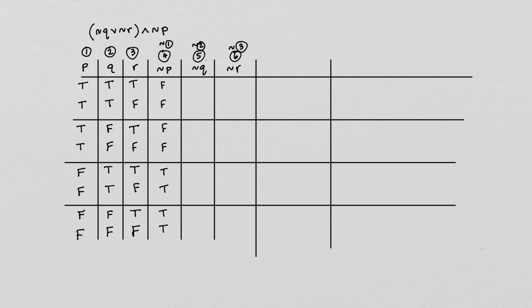And then same deal with negation of Q. We're going to have false, false, true, true, false, false, true, true. And finally, negation of R, we just alternate false, true, false, true, false, true, false, true.